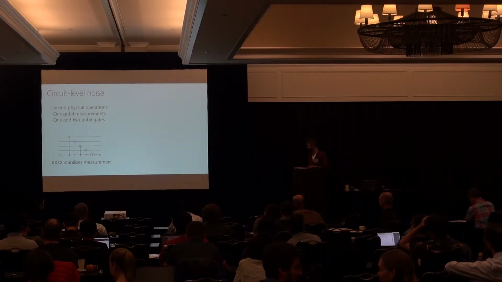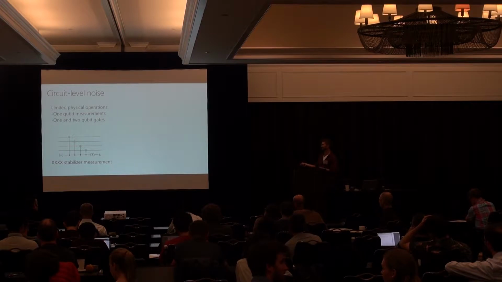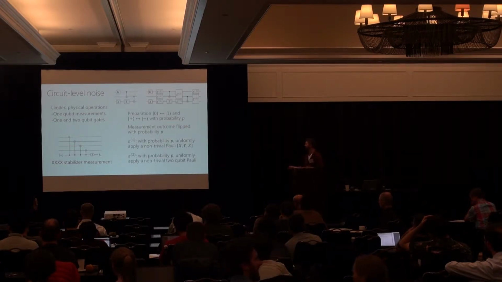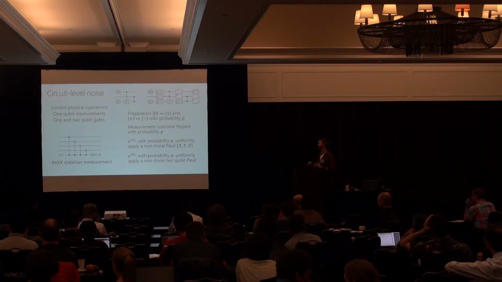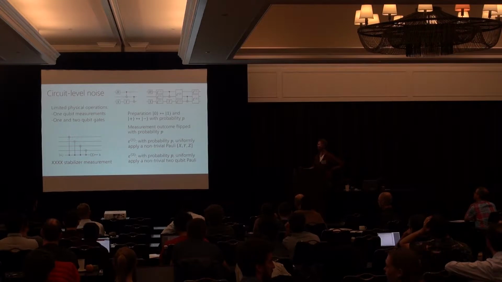So in the circuit-level noise that I'm going to talk about in this talk, for example, you could use this circuit to measure an XXXX stabilizer. To think about how the noise propagates in this kind of circuit, you should have a set of rules that replace each component of your circuit with some noisy component.